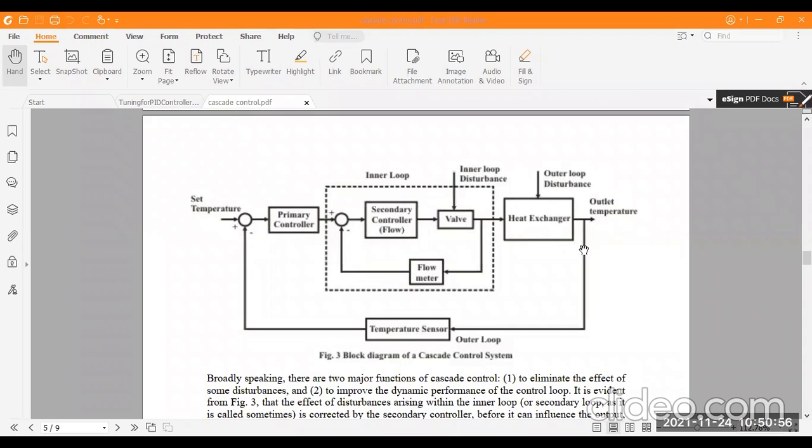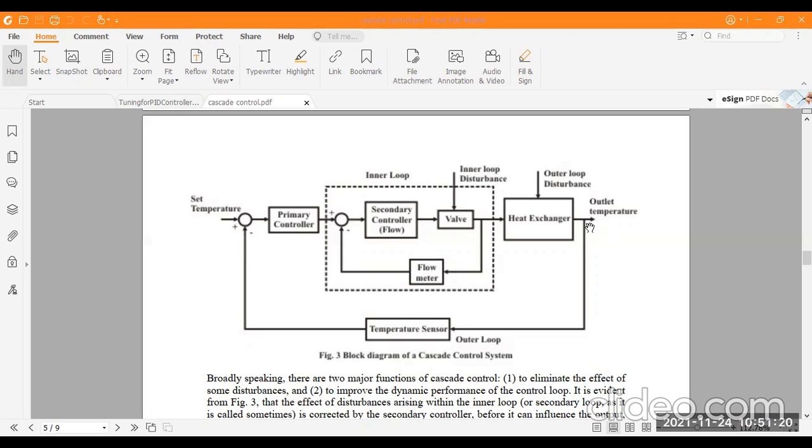And then finally it is one closed loop system we attach, that is a temperature sensor, that is the outer loop, that means the temperature sensor which senses the temperature level of the output of the flow, that is the output of the liquid.